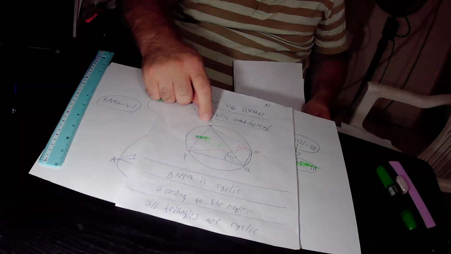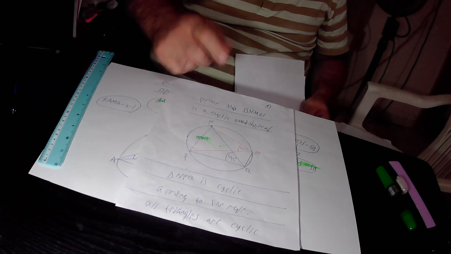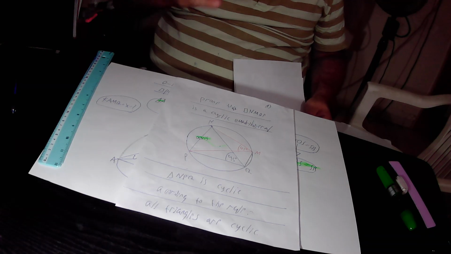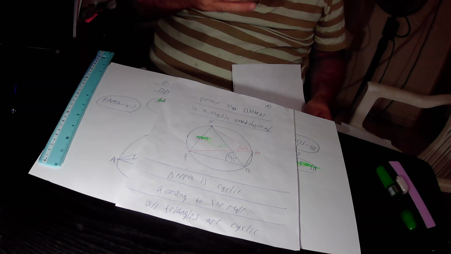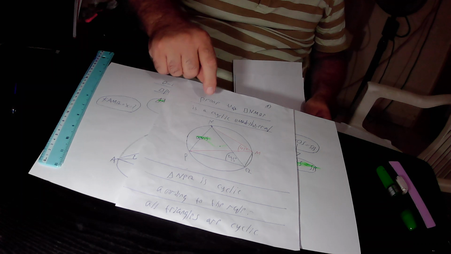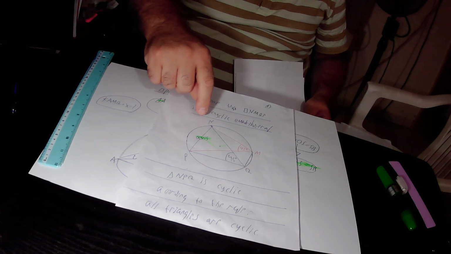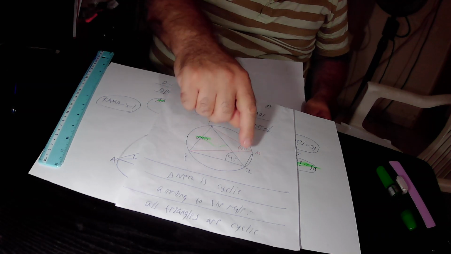We know that all the triangles in the world are cyclic triangles. That is to say, you can block all the triangles in the world by a circle. Therefore, you can block this triangle NQP by a circle. So I block triangle NQP by this circle.